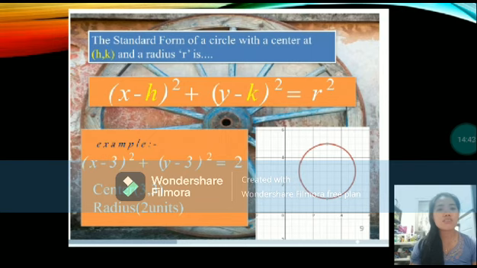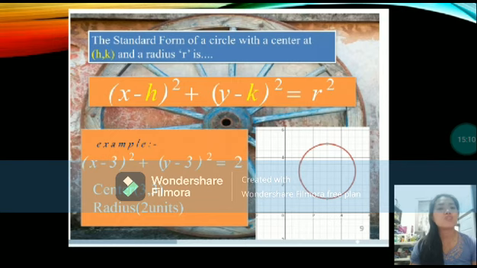And then if you are asked to come up with a standard equation, you will have x minus 3, because your h is 3, quantity squared, plus y minus 3, just simply substitute k, which is 3, quantity squared is equal to, the radius is 2.